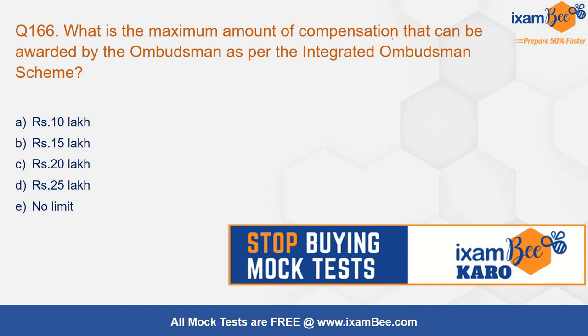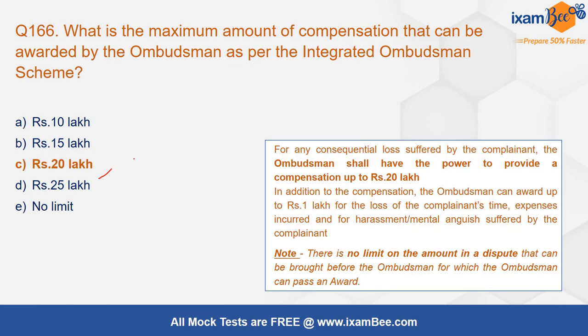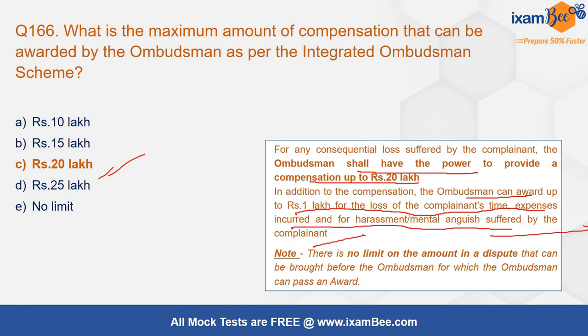What is the maximum amount of compensation that can be awarded by the ombudsman as per the latest Integrated Ombudsman Scheme? The maximum compensation amount can be 20 lakh. That is the power given to the ombudsman. In addition to this, the Ombudsman can award up to rupees 1 lakh for the loss of the complainant's time, expenses incurred, and for harassment and mental anguish suffered by the complainant.